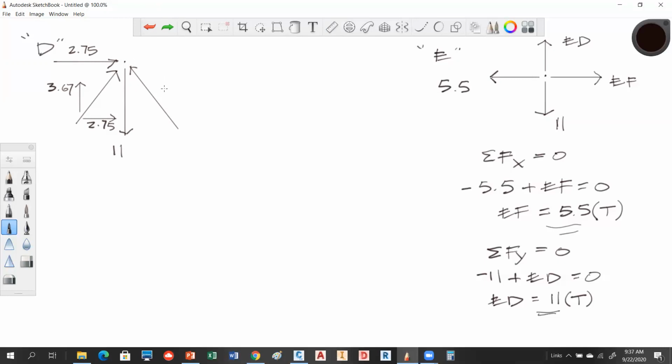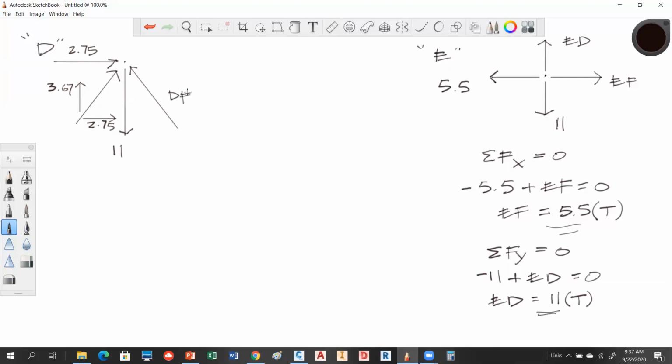You're just going to get negative numbers, but you're just going to have to deal with the negative numbers. All right? So at the end of the day, that's not an important thing. But the more you can do that up front, I feel that that's easier. So I'm going to model DF as a compression member, and I'm going to put that guy right here, DF.